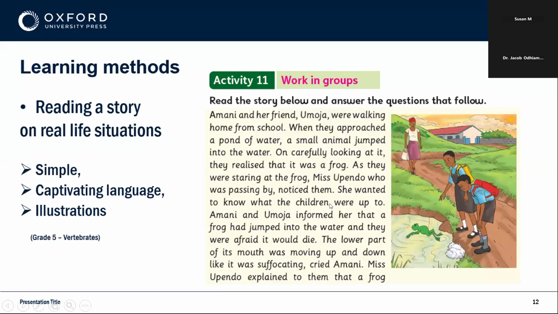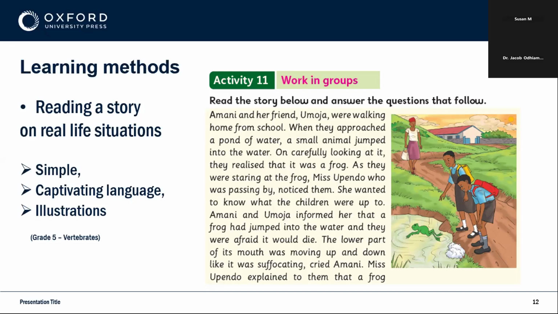The second method is reading a story. In the learner's books, the story is simple because the learners have not developed very much in vocabulary. So the story is in very simple language, captivating with illustrations. Illustrations are very useful because once learners see a picture, their understanding is improved.